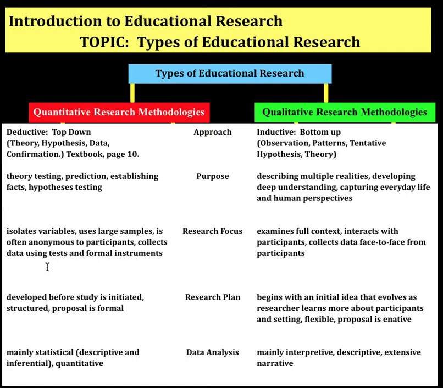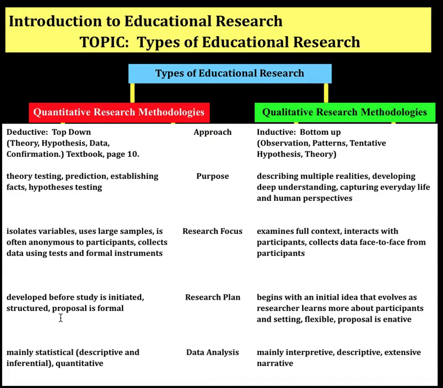It generally is anonymous to the participants. In other words, the researchers are not really involved with the participants. They may set up the research plan and carry it out, but they're not involved in it. And it collects data using tests or formal instruments or ways of measuring.